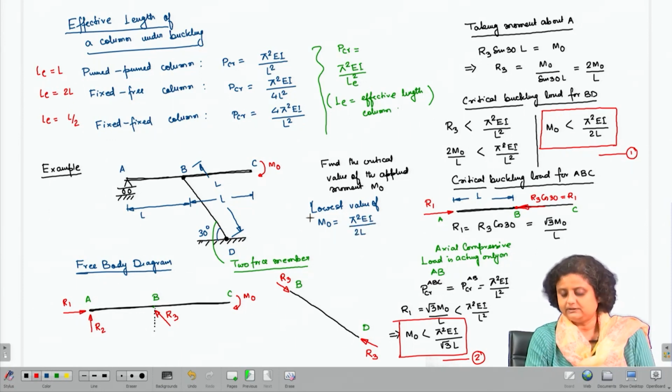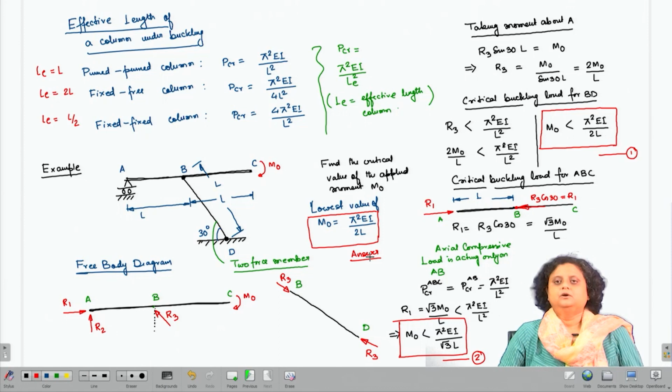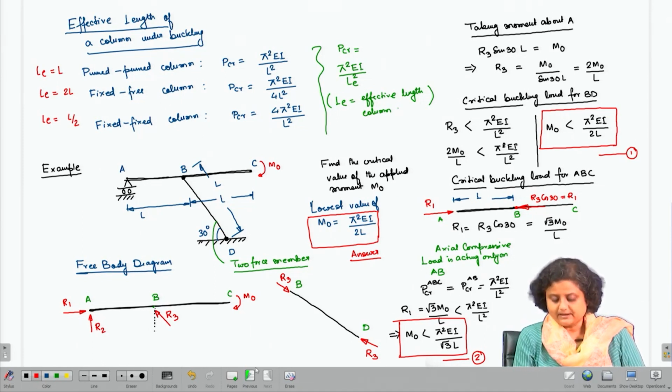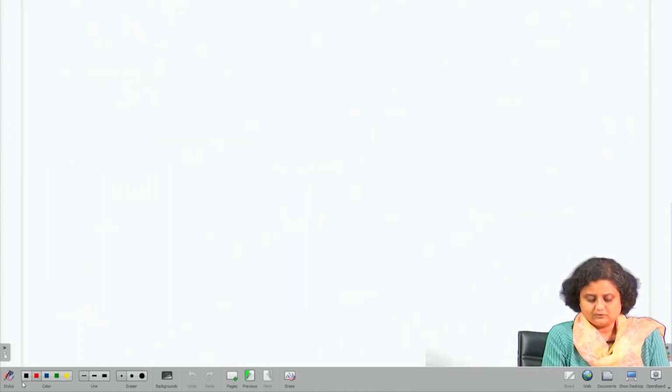So, this is the answer that we are going to look for. This is how we get the answer for the problem. Now, let us move on to a second problem quickly and try to solve that.